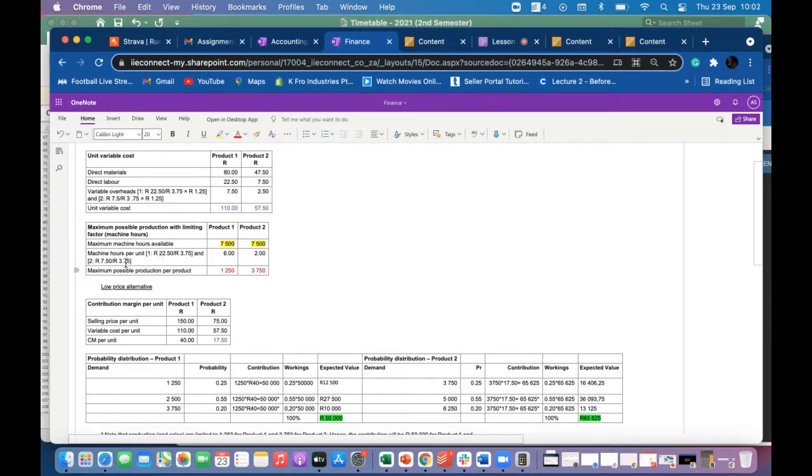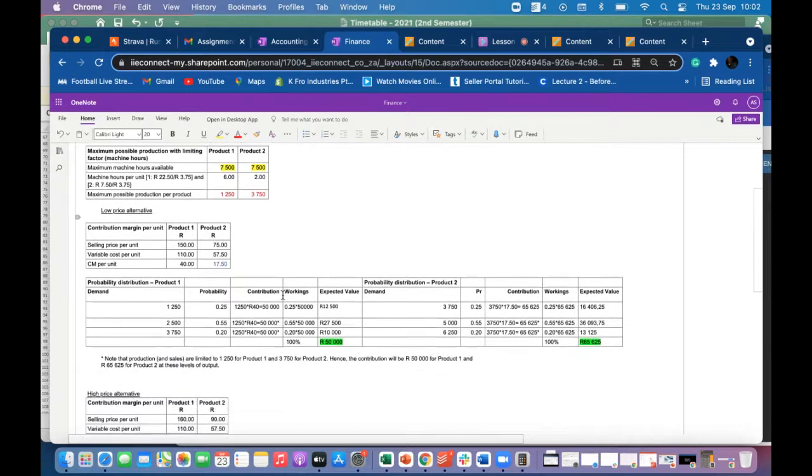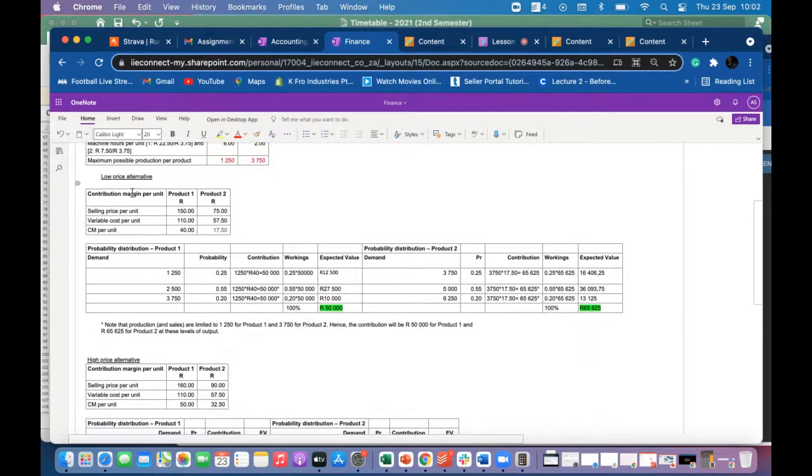All right, and we can only do that after we know we've got 7,500 machine hours available, which they told us in the question. Then we calculate how many units we can produce based on that 7,500 for product A1 and product B, and then we work out the contributions.